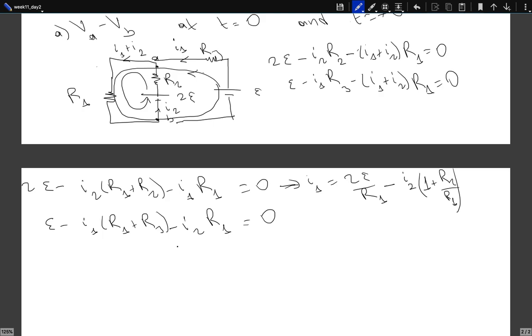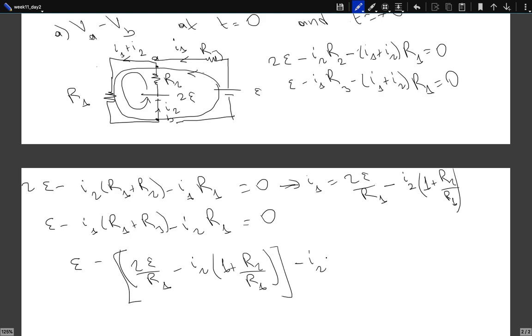And if I substitute it into the second equation, epsilon minus [2 epsilon over R1 minus I2 (1 plus R2 over R1)] times (R1 plus R3) minus I2 times R1 is equal to 0.